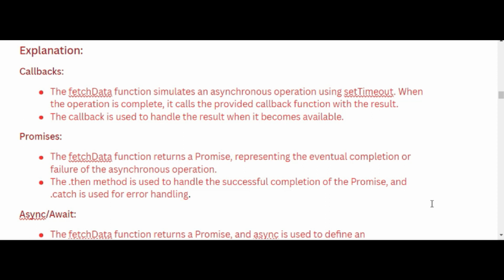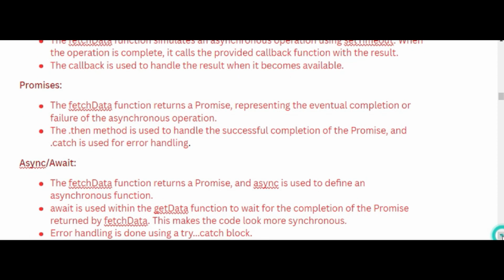Now come to the promise. The fetchData function returns a promise representing the eventual completion or failure of the asynchronous operation. The .then method is used to handle the successful completion of the promise, and .catch is used for error handling.